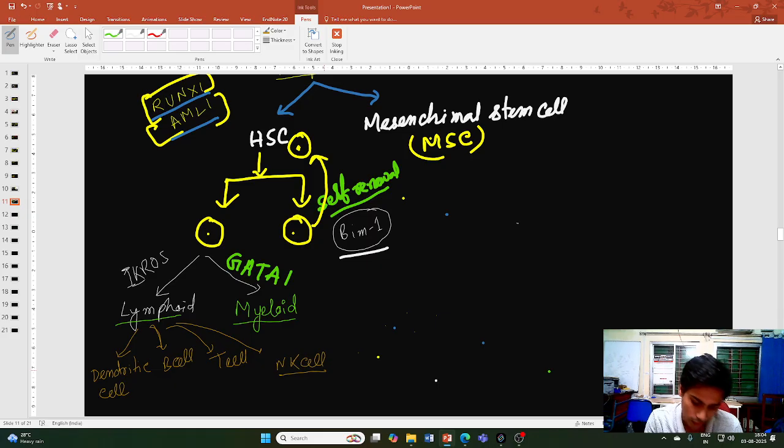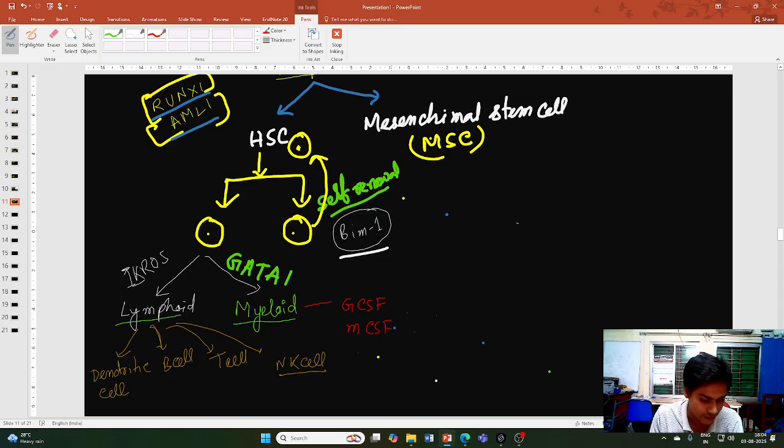For the myeloid one, let's take the red color to be prominent. For the myeloid cell there are different kinds of other factors. Let's remind ourselves minutely. One will be GCSF and the MCSF.